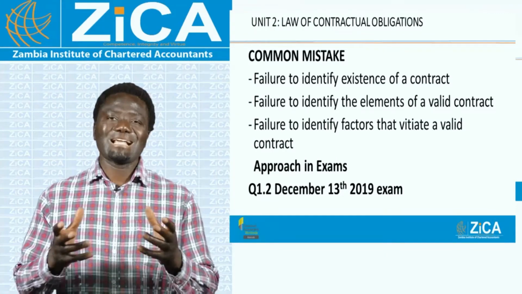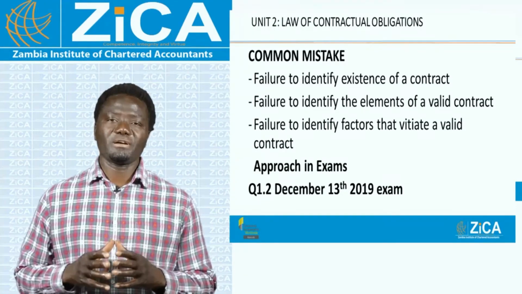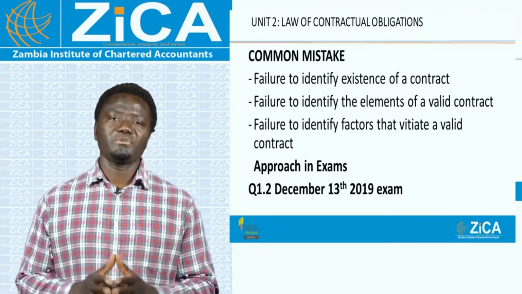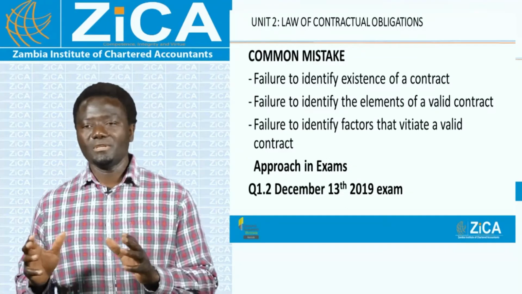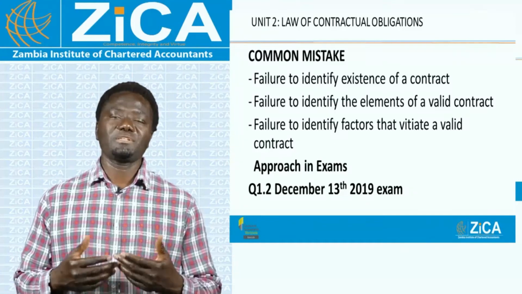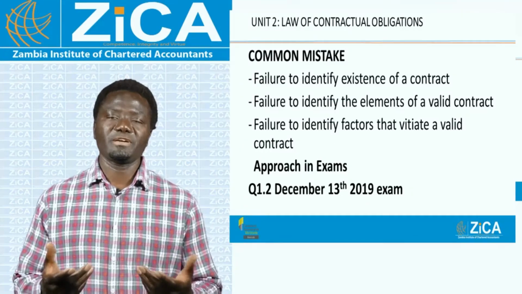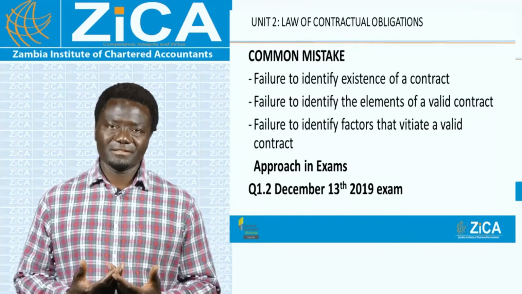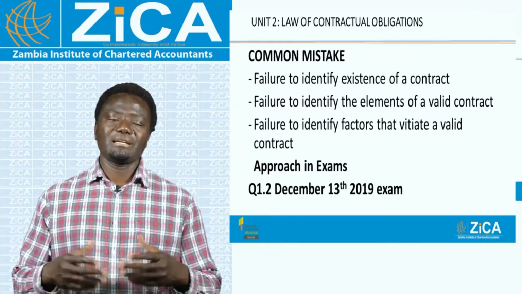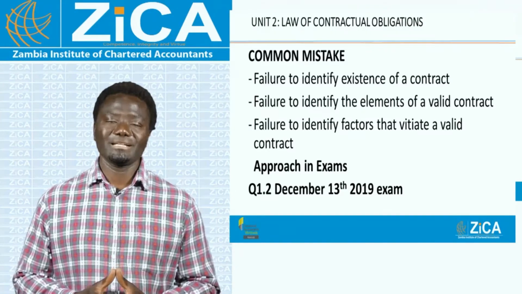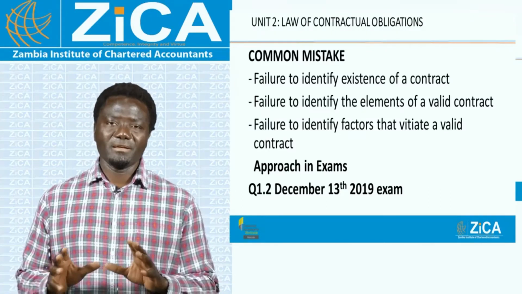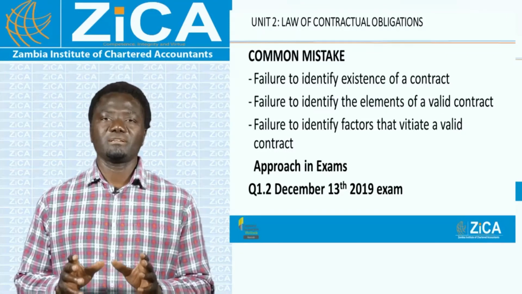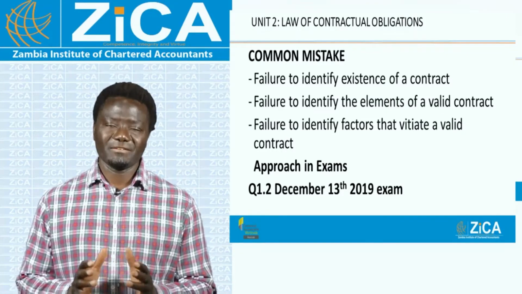You are not accepting an offer. There is no offer at all that has been made to you when you go into a shop. We know that when you go into a shop, what you find there is simply what we refer to as an invitation to treat. You are being invited to go into an agreement with the owner of a shop. So there, you need to understand that as the basic principle of what really constitutes a valid contract.